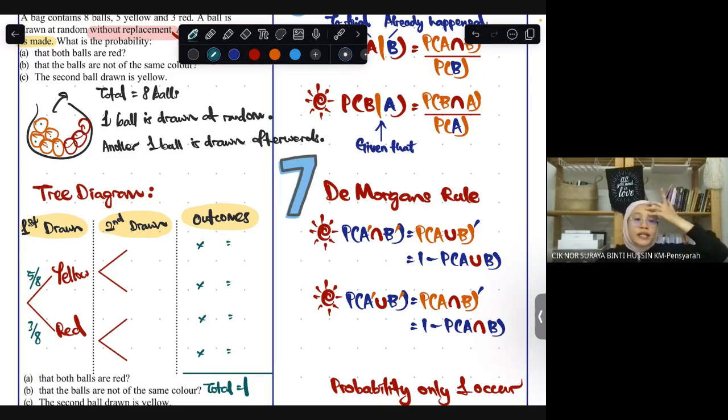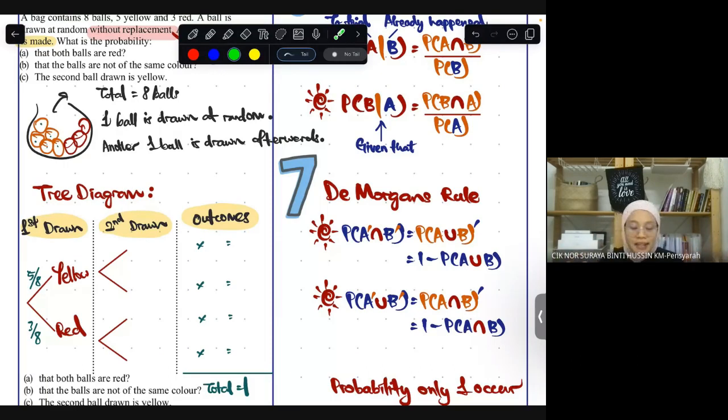Betul tak? So these are just the probability, the chances, keberangkalian yang berapa banyak chances yang you akan pick yellow adalah 5 bola lah, sebab memang ada 5 bola je yellow dalam tu. So but the chances is 5 out of 8 chances.